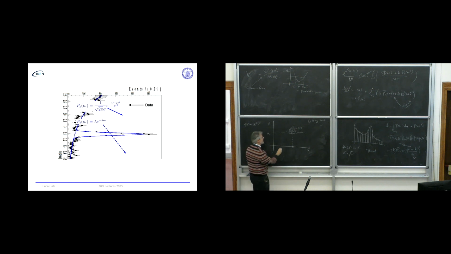Now, we get an interval here. And then we repeat this for another value. So we take another value here. Maybe the most probable value is somewhere else, and maybe the interval is somewhere else. And then we do this again and again.